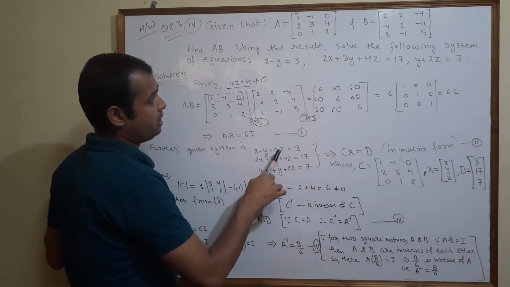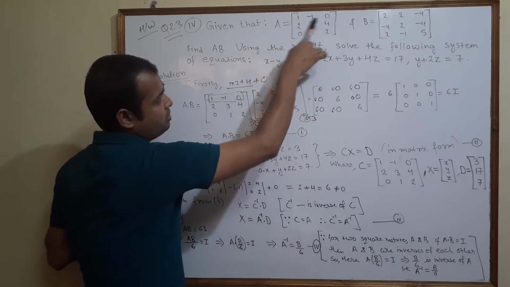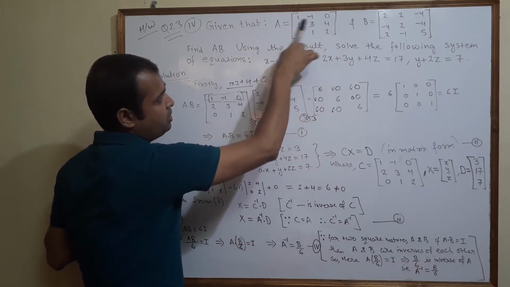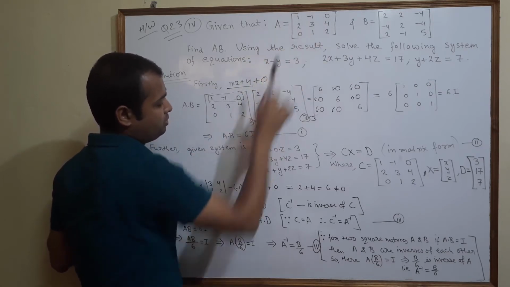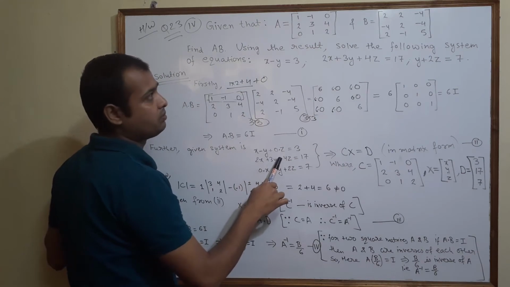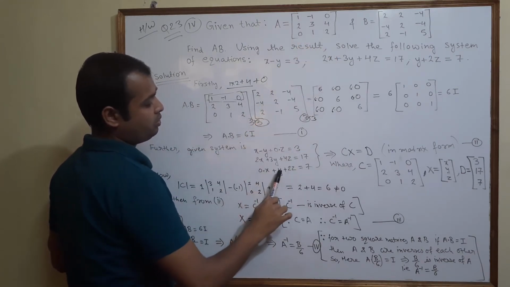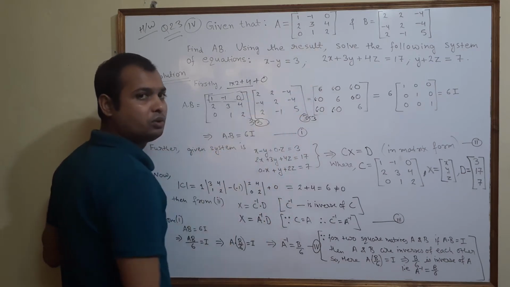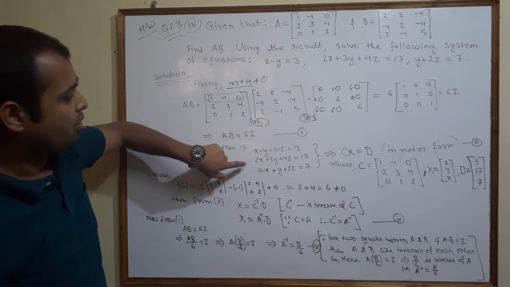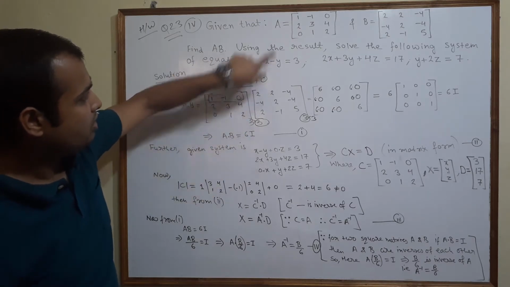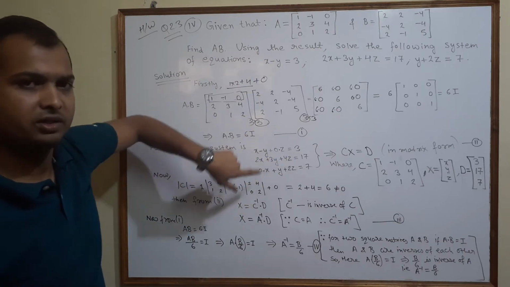If you compare with matrix A, the first row, you will get the same thing: 1, minus 1, 0, then 2, 3, 4, then 0, 1, 2. So this matrix A is nothing but the matrix of the coefficients of this system.